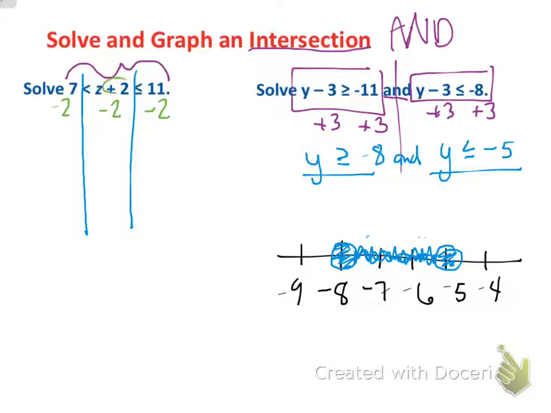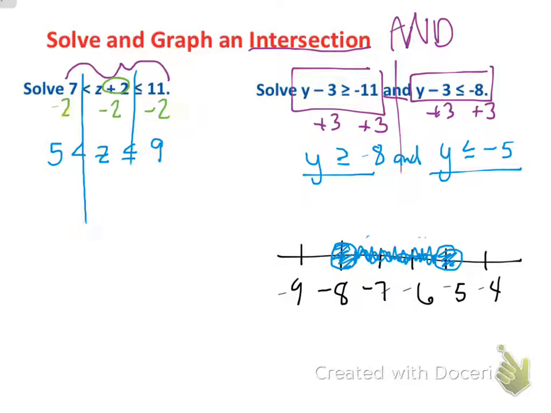So because I have a plus 2 here, I'm going to subtract 2. I'm going to subtract 2 from here, and I'm going to subtract 2 from here. Now all I have to do is simplify. So that leaves me with a z. My inequalities are still the same. Remember, the only time you flip them is when you're dealing with negatives in multiplication or division. And then 11 minus 2 is 9, and 7 minus 2 is 5.